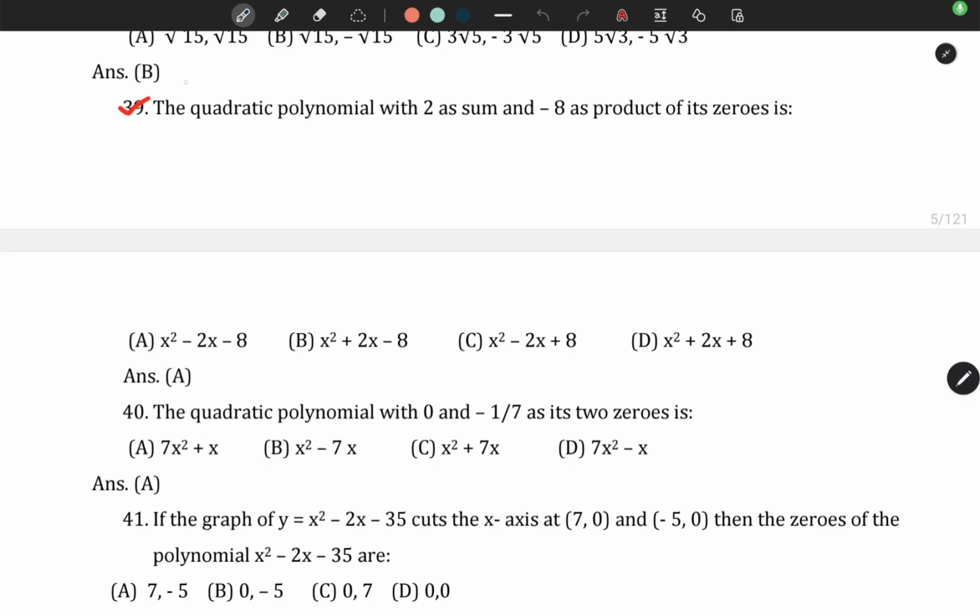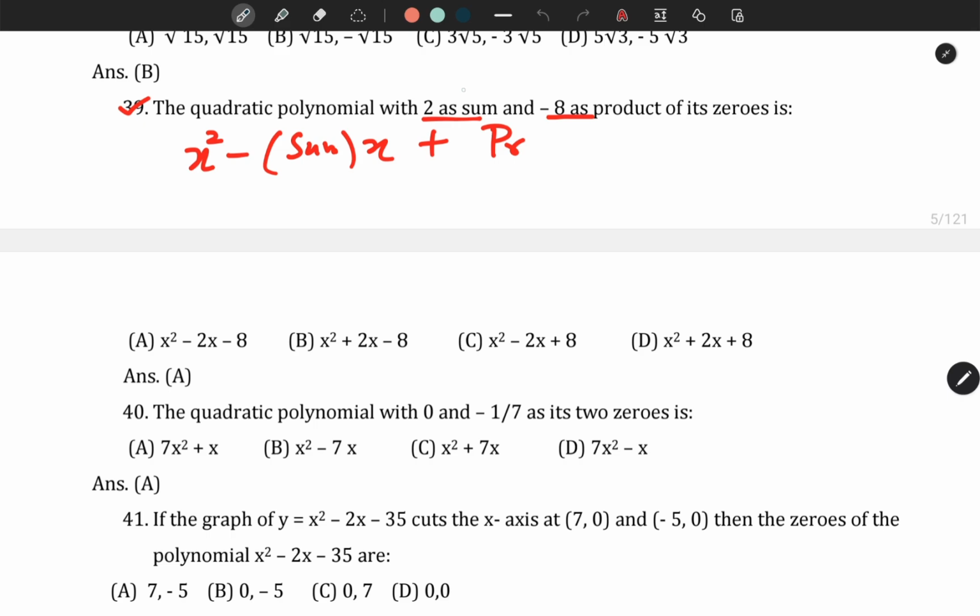Question number 39. The quadratic polynomial with 2 as sum of the zeros and minus 8 as the product of the zeros is. Now to calculate quadratic polynomial, we have to use this formula, x square minus sum of the zeros into x plus product of the zeros.